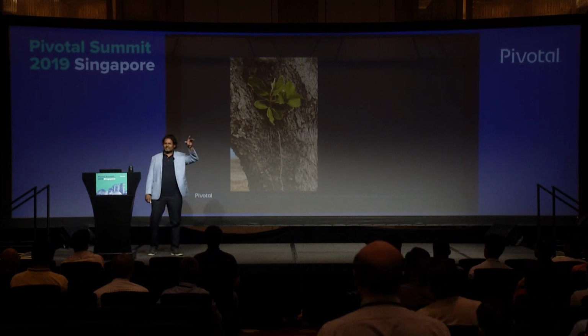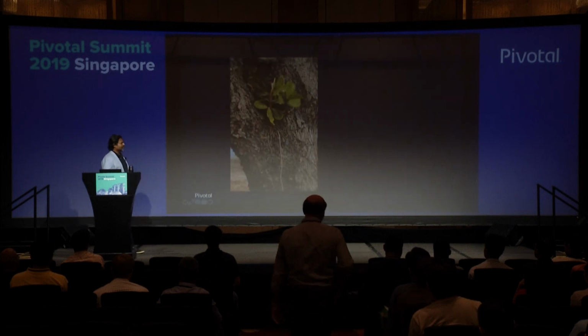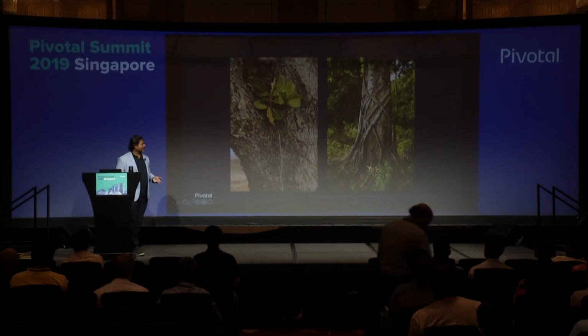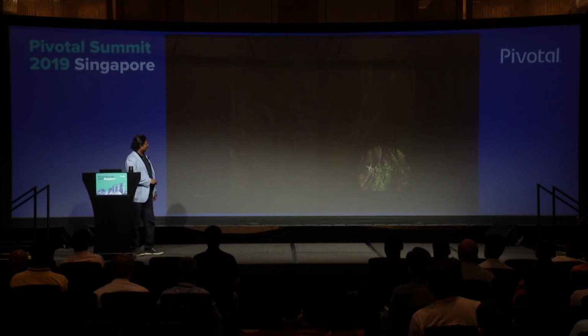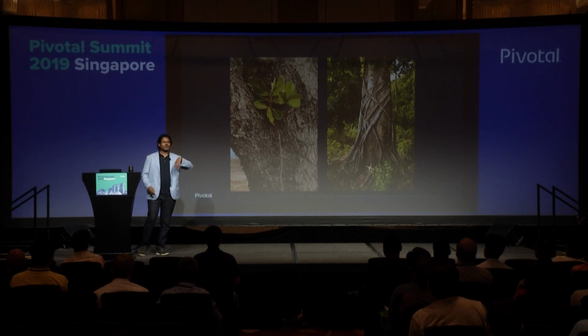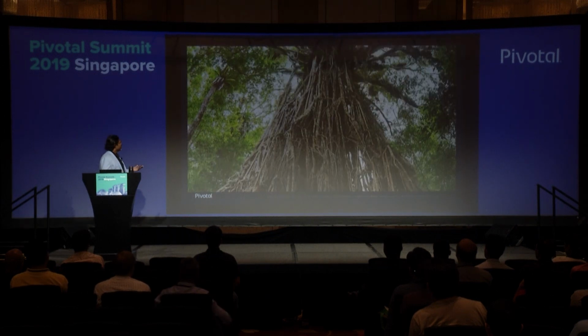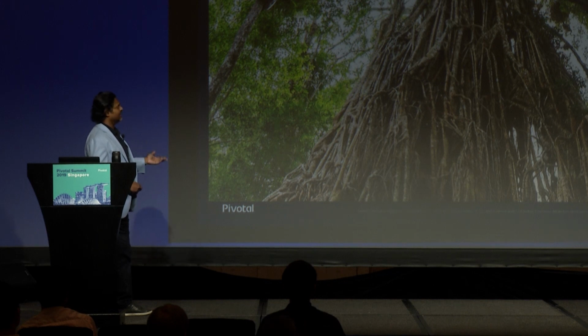Then it slowly starts shooting roots down towards the ground. Over a period of time, it reaches the ground and slowly pulls away all the nutrients from the soil that is meant for the tree it started growing on. Before you know it, you have a beautiful tree standing there that bears figs.